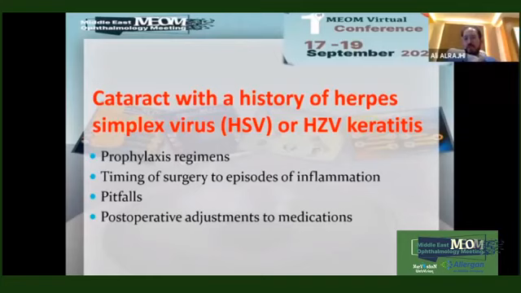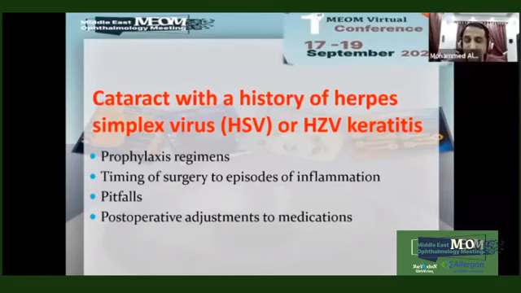For corneal transplants, I usually give prophylaxis preoperatively and continue for even sometimes years. I have patients on Valtrex, valacyclovir, for years, and it is a very well tolerated drug. Not for cataract. If they have an episode, it's easy. It can be managed and treated.